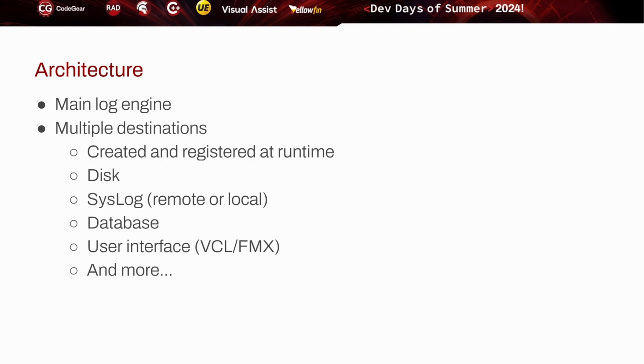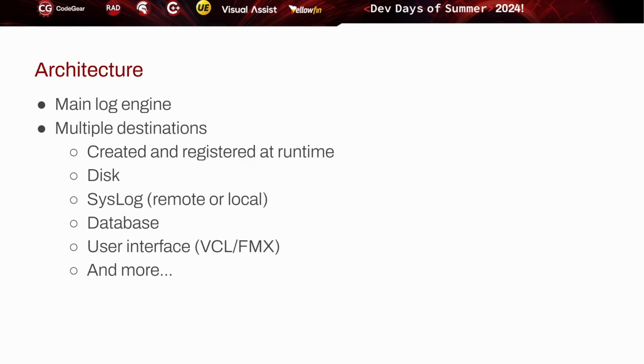One abstraction is the main log engine. This is the object that we instantiate in our code, and the object that exposes the method that we call to write entries to the log.